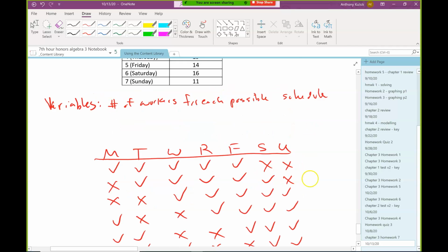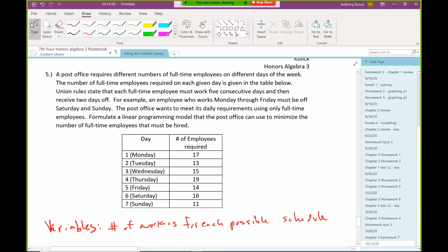Yeah, so let's go back and read the problem and try to determine that. So it says the number of full-time employees required to work on each given day is given by the table. Union rules state that each full-time employee must work 5 consecutive days and then receive 2 days off. So yes, that's important, right? If not, we'd have a lot more possible schedules.